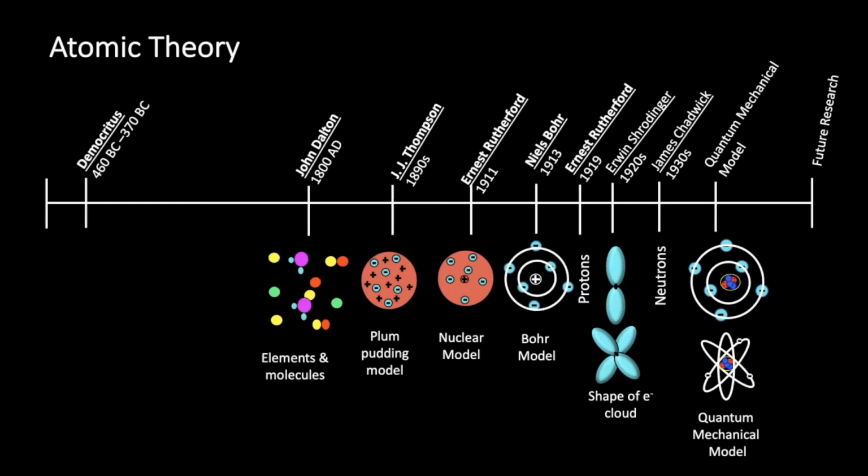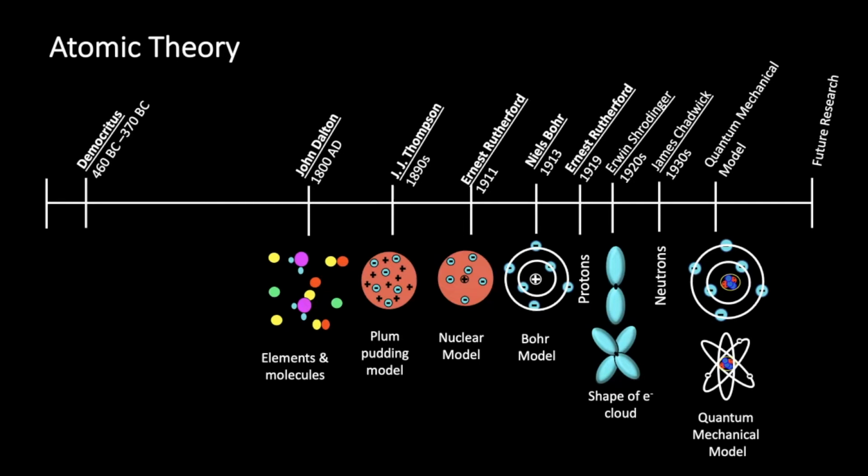Then we go to about the 1890s, where we have J. J. Thomson. Thomson learned that atoms were made of smaller particles, and he used cathode rays to figure this out. The negatively charged particles in the atom were electrons, and they were dispersed around positively charged material.